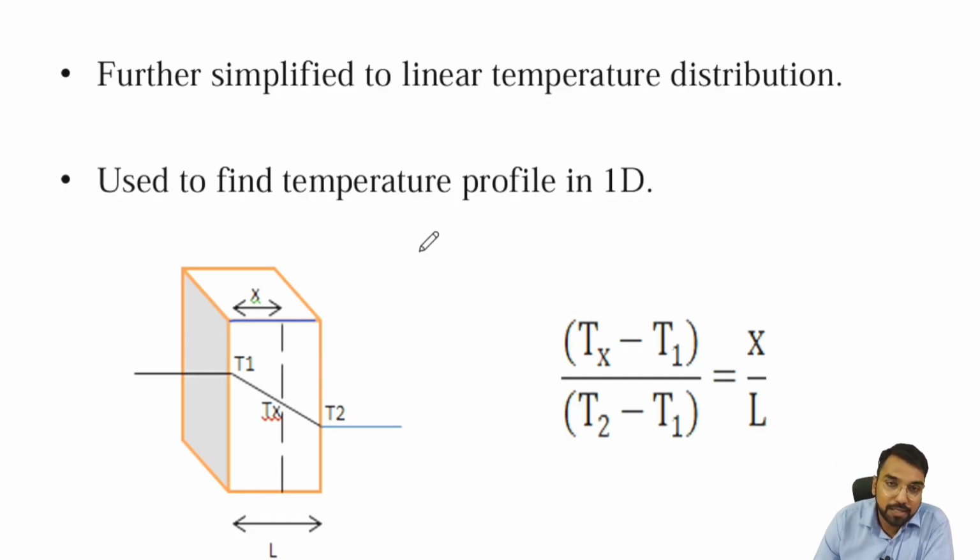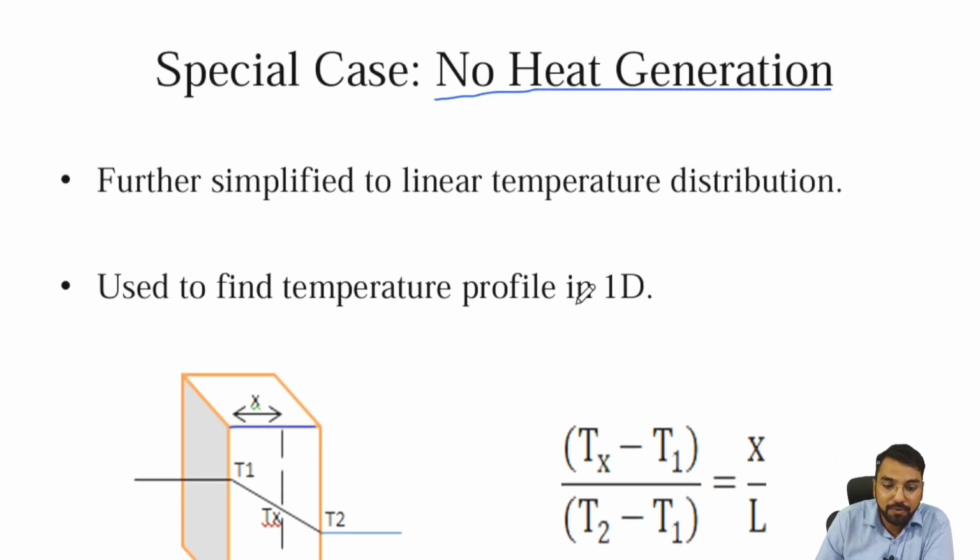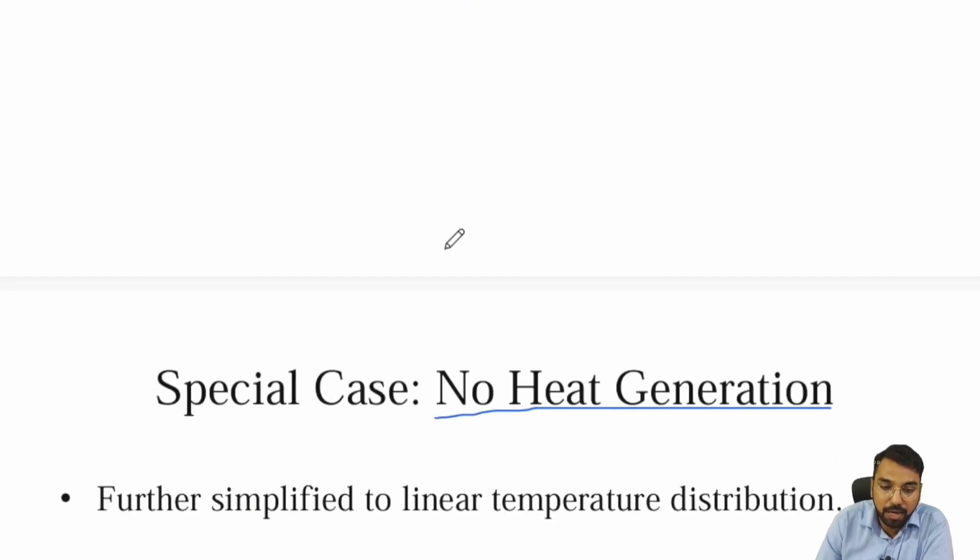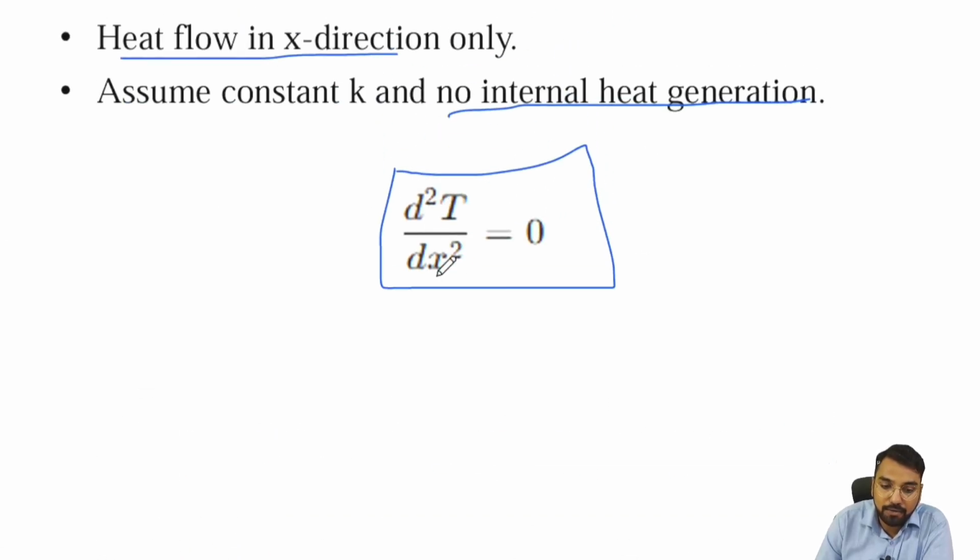The difference is that here we generalize the thing, and in Fourier's law we keep it in a standard or empirical format. So for the generalized one-dimensional heat conduction equation, as we have derived, dou square T divided by dou x square, if we double integrate this, then we will have the temperature term with some constants.